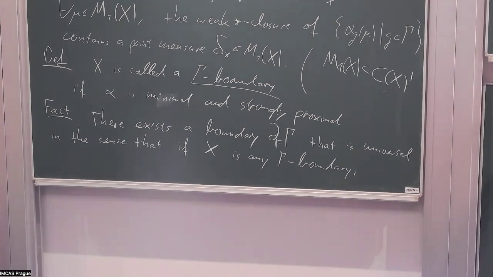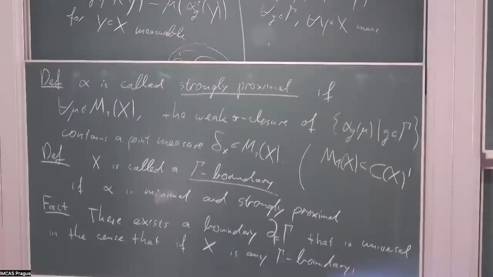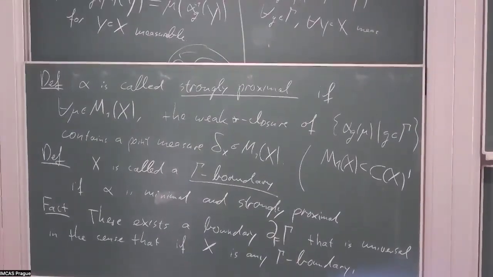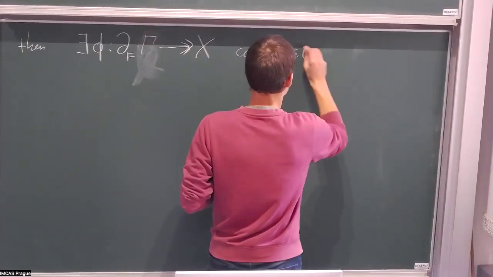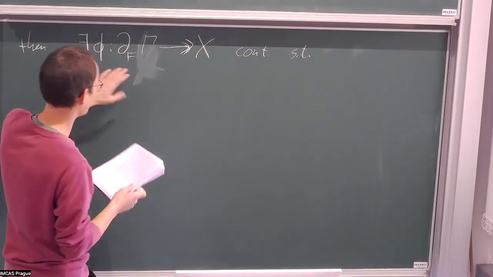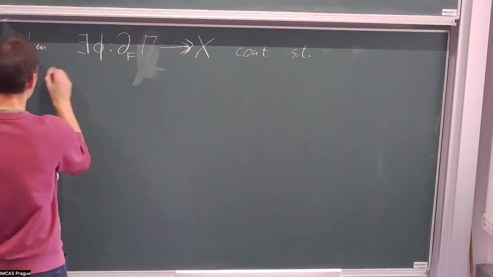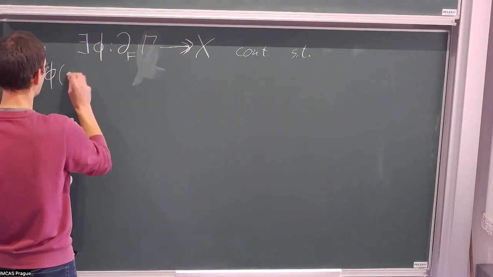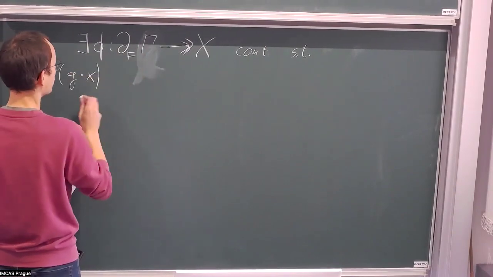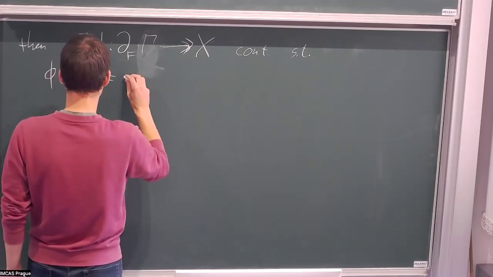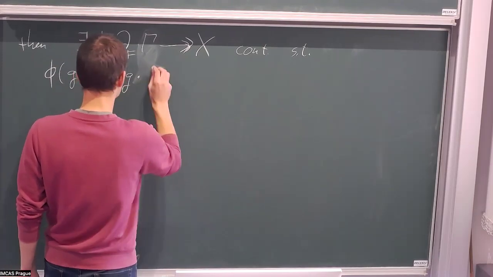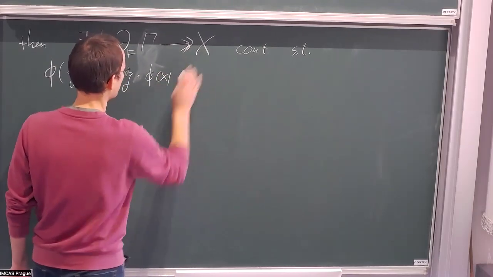Yeah, so there's a map from this ∂_F Γ to X that is continuous and it's surjective, such that it's also equivariant. So that means that if I apply the action to a point x in here and then I map it, this is the same as applying the action to the point phi of x in here.